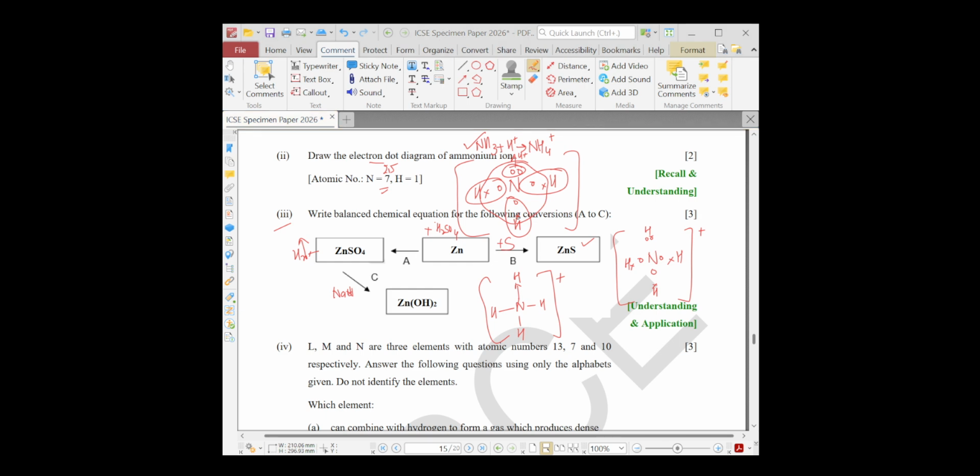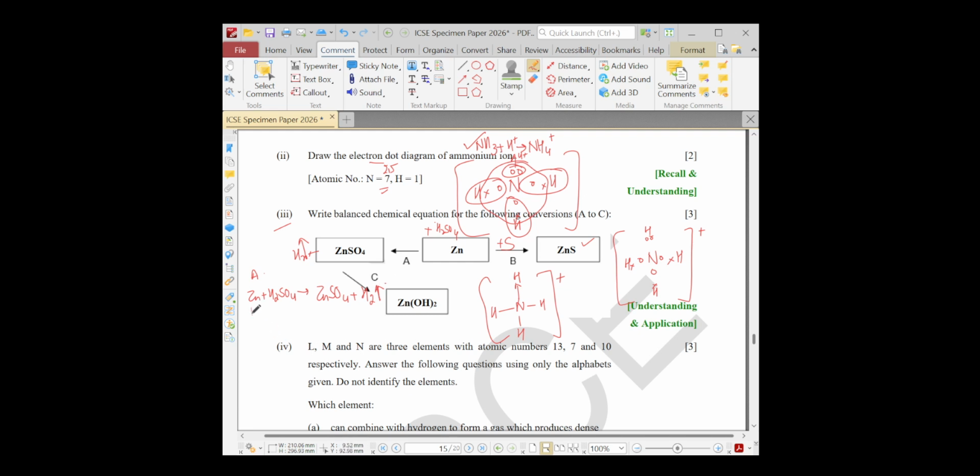Now let's see how we write the reactions. First, from zinc to zinc sulfate, this is for A. It will be zinc plus H2SO4 will give ZnSO4 plus hydrogen.